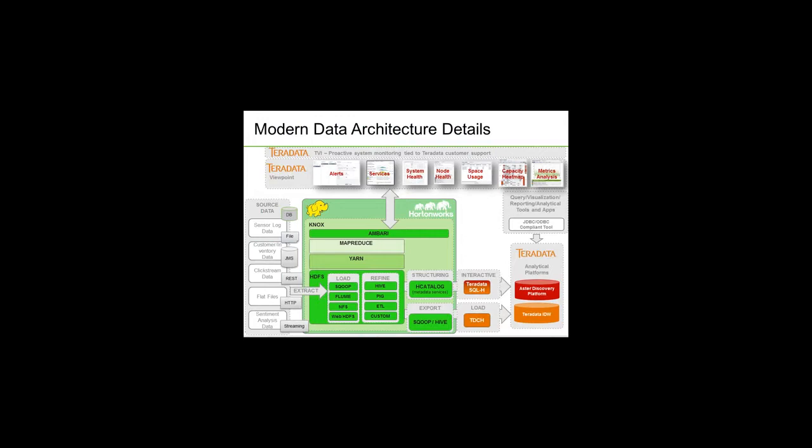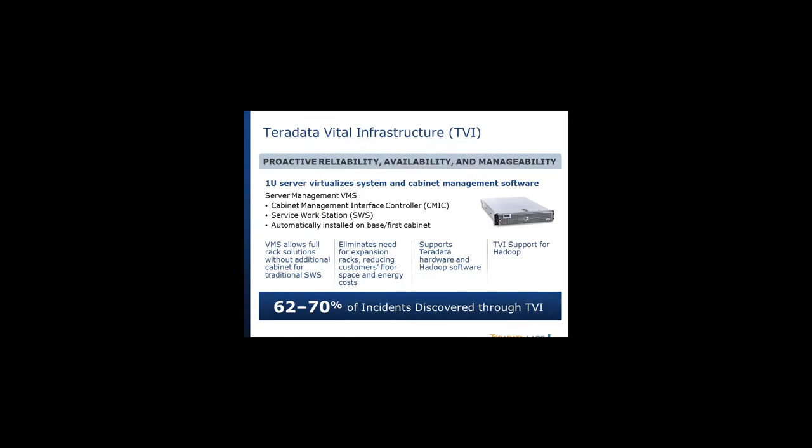And one value-added thing on top of that is unique to us. It's called the Teradata Vital Infrastructure. Essentially what that does is it wraps every workload-specific platform that we build, including the Teradata appliance for Hadoop, and it provides proactive monitoring, not only of the hardware and things like RAID controllers and network switches and cards, et cetera, but we monitor the operating system, the application software, and all the software that Teradata bundles into that workload-specific platform as well.